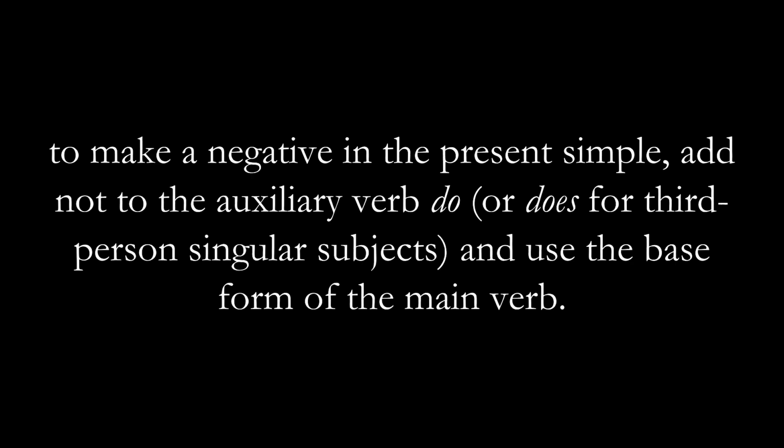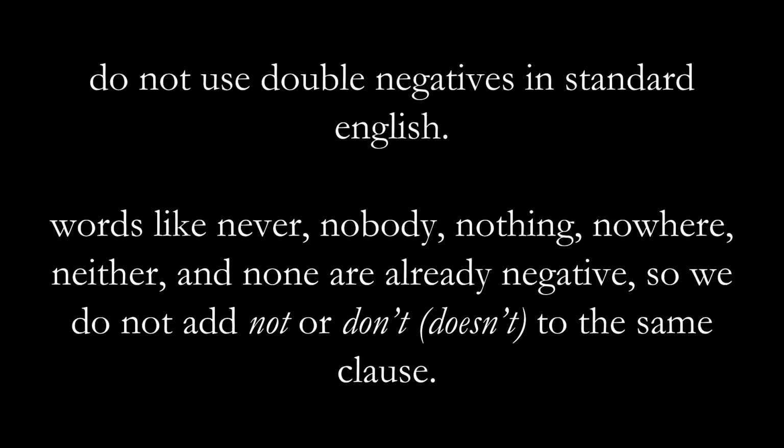To make a negative in the present simple, add not to the auxiliary verb do, or does for third-person singular subjects, and use the base form of the main verb. For instance, "We don't read the Death does not cover its tracks," and "He doesn't read the Death does not cover its tracks." An important detail: do not use double negatives in standard English.